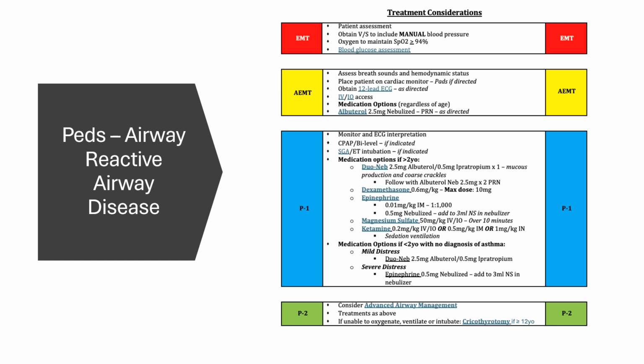Now, if they're less than 2 and in mild distress, I added in there, made a little change, do it. If they're in severe distress, we're going to need to give nebulized epi for bronchiolitis, okay? Does that make sense? Not every kid needs a nebulized epi. They'll be fine with just a DuoNeb. But in some cases, you can be like, man, this kid looks rough. Let's do the nebulized epi.